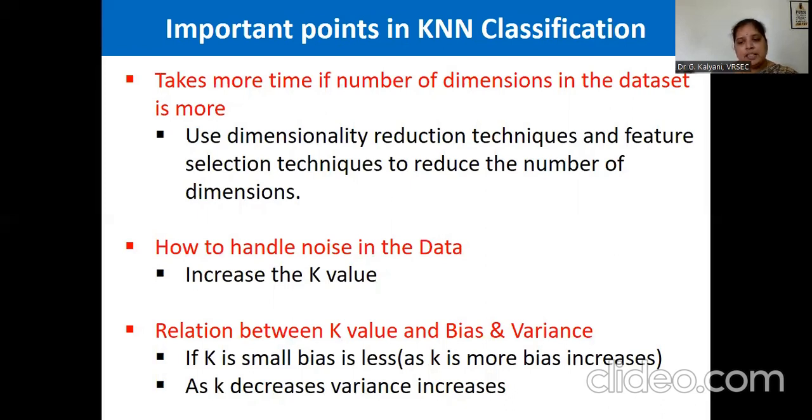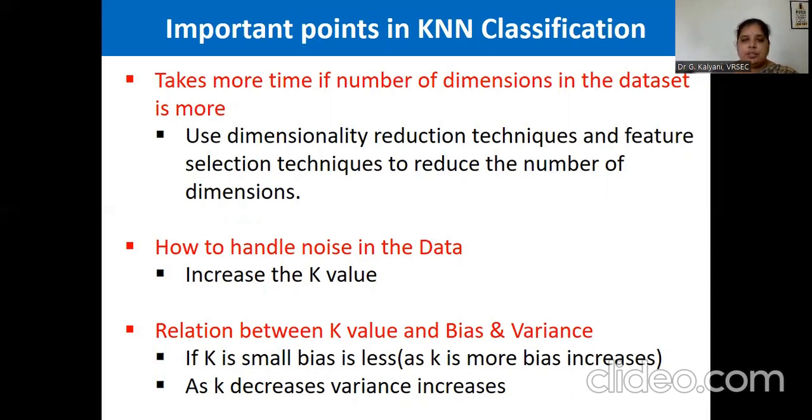Then if your data set has noise, the value of k should be large. Because if your data set has noise and the k value is small, the predicted label is sensitive to that noise. That's why if the data set is noisy, go for a large value of k.